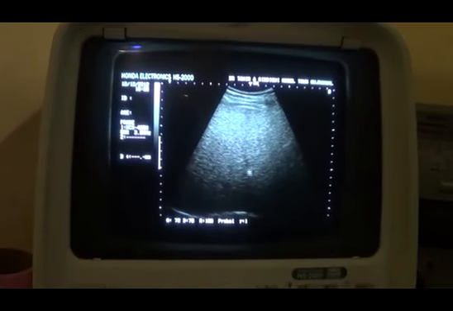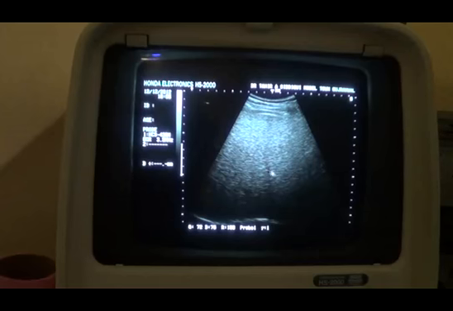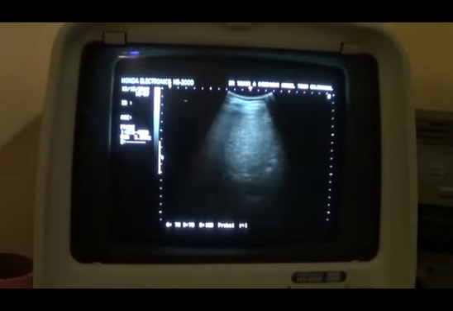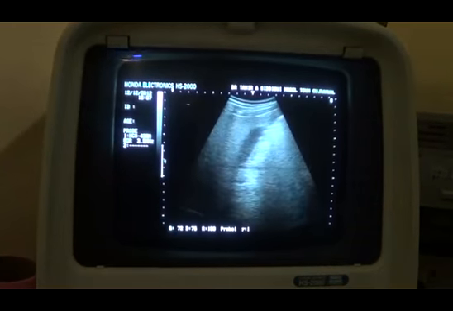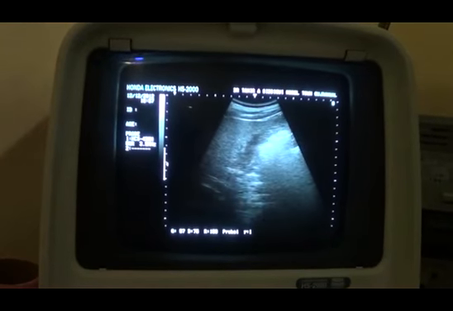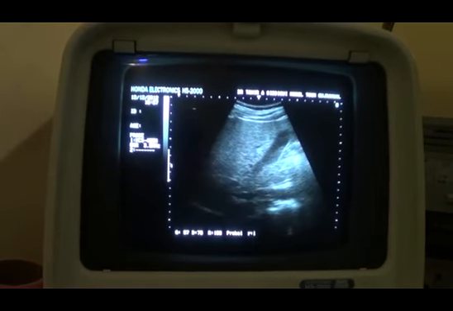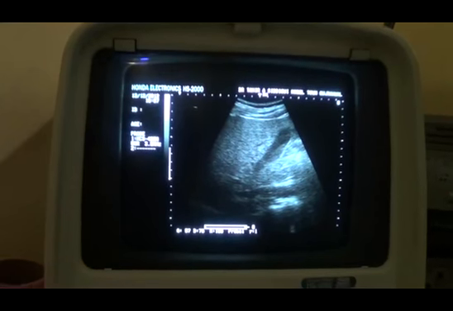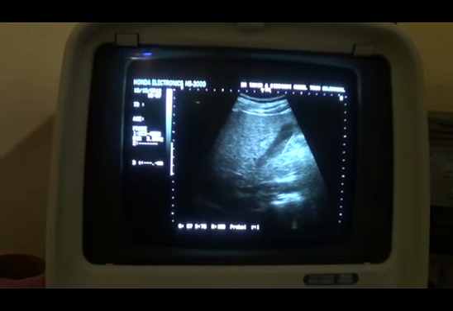Note whether its margins are blurred or sharp. Note the gallbladder wall. Now these findings are consistent with grade 2 fatty liver parenchymal changes.